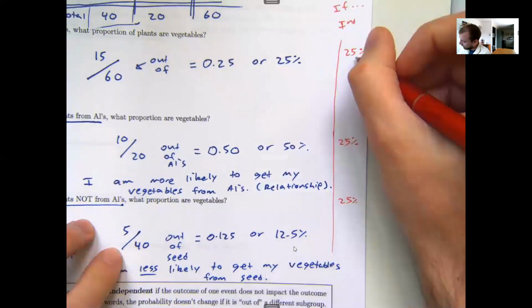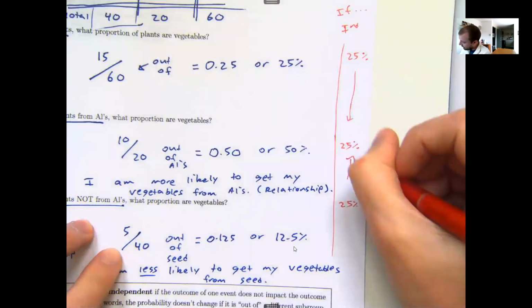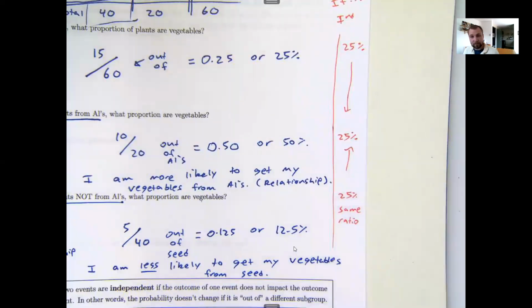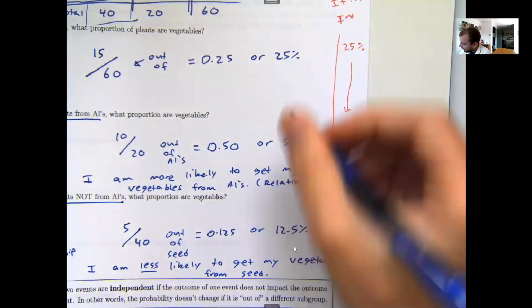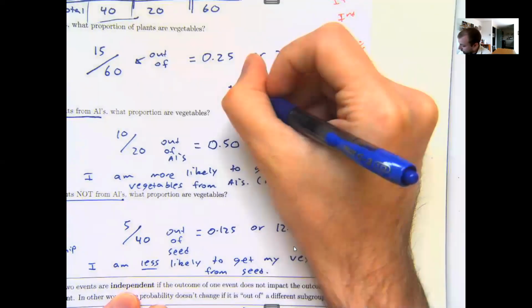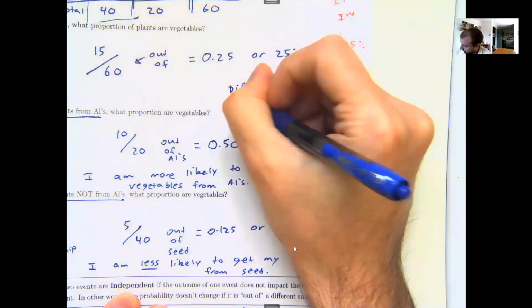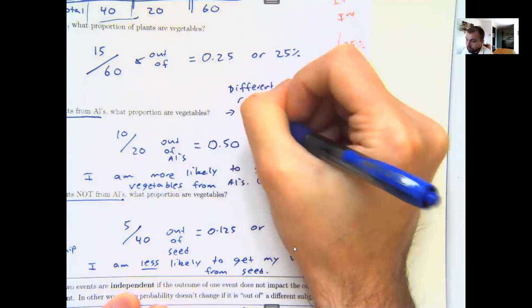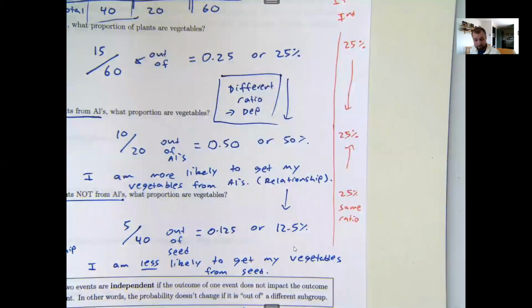So when it's independent, you are going to notice that it has the same ratio throughout. If your numbers are changing for the different subgroups, 25, 50, 12.5, if you have a different ratio for your different subgroups, then this tells you that they are dependent. This is a skill that you will practice a lot in your homework and as we're going through more problems together. But I just wanted to give you an early exposure to it so you can have an idea of what's going on.